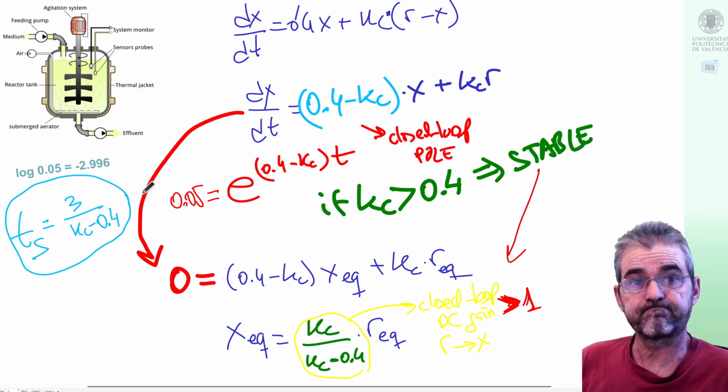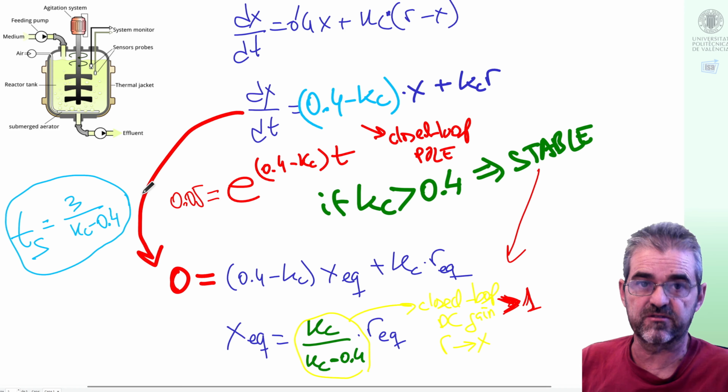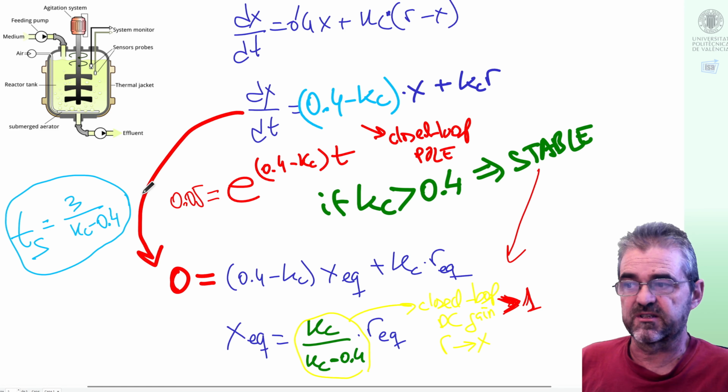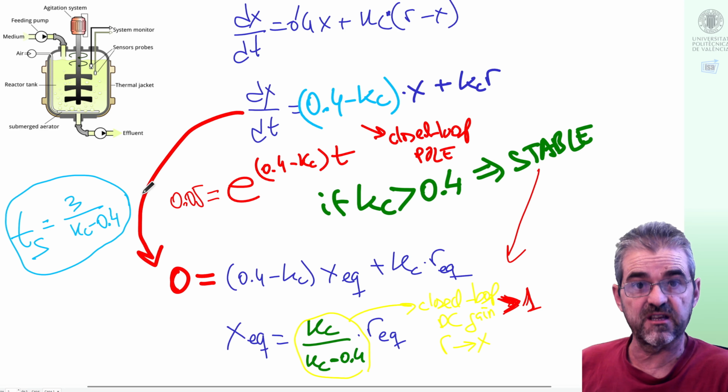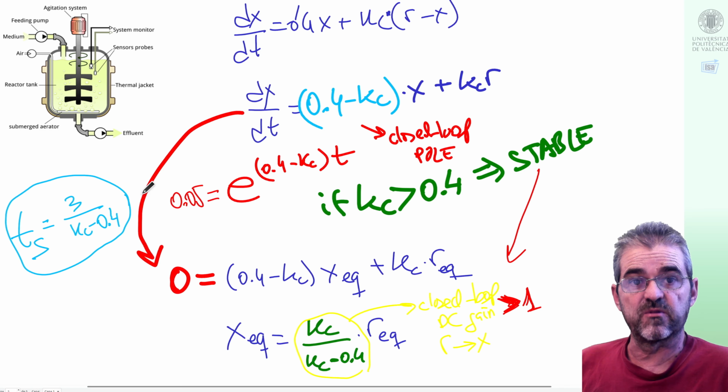That, of course, the larger Kc is, the smaller the settling time is, roughly in an inversely proportional way, once Kc is large enough. Then we conclude that under proportional control, we will have stable operation, we will have a steady state permanent offset, because the biomass will be above the desired value, but the larger the proportional gain, the smaller the offset, and the faster the transient will be.